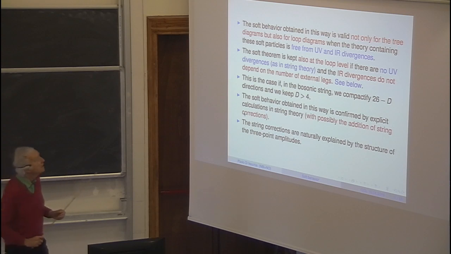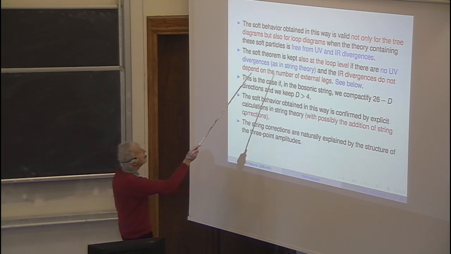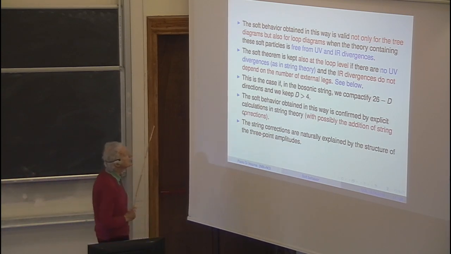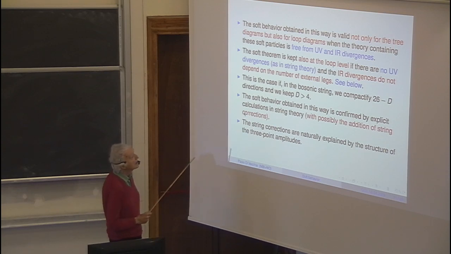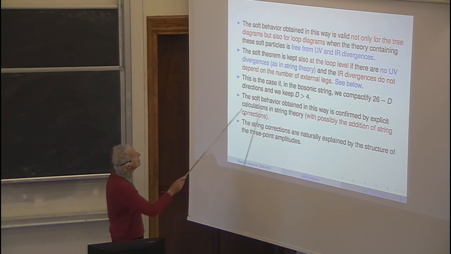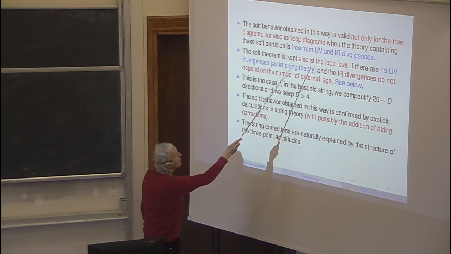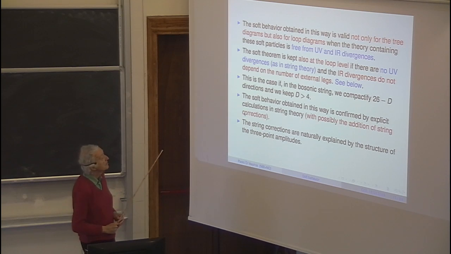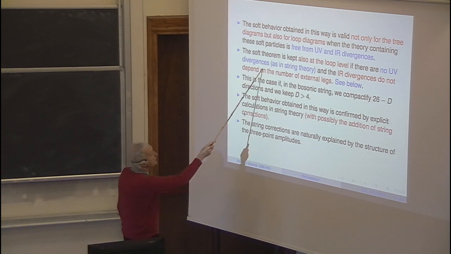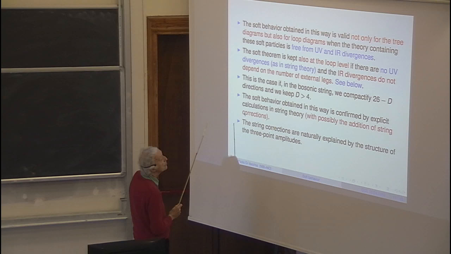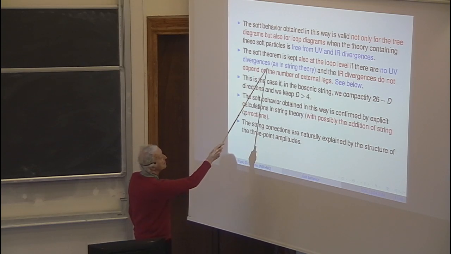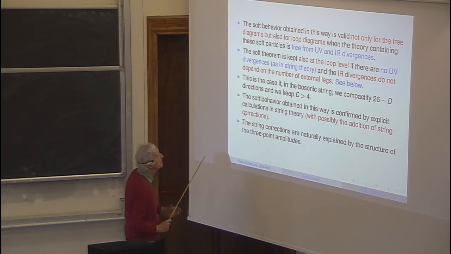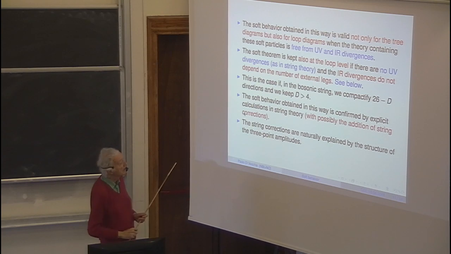Now, the soft behavior obtained in this way is valid not only for the tree diagram, but also for loop diagrams, when the theory containing those soft particles is free from ultraviolet and infrared divergences, like, for instance, in d greater than 4. The soft theorem is kept also at the loop level if there are no ultraviolet divergences and the infrared divergences do not depend on the number of external legs.